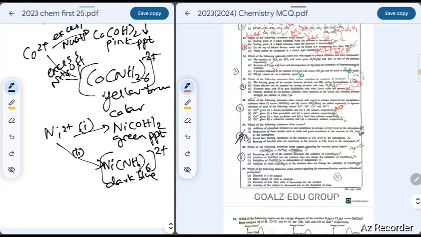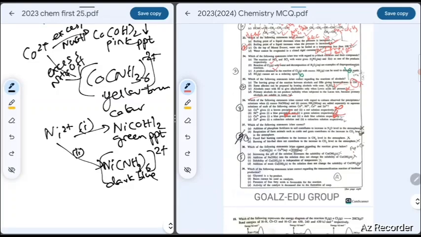So nickel 2 plus gives a blue precipitate, that is wrong because nickel hydroxide is a green precipitate. And a green solution, no, that is wrong.